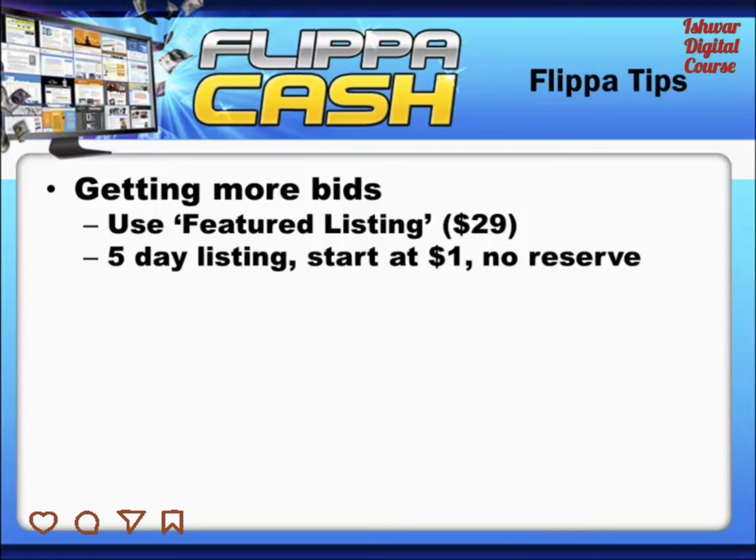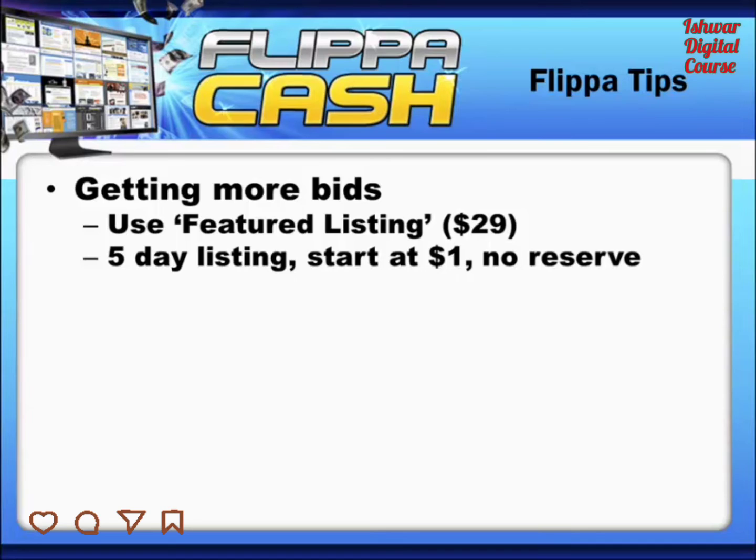Now I'm going to tell you something that is somewhat of a sneaky tactic, okay? If you're new to Flippa, when you create your auction and people bid on it, those bids actually have to be approved by you, initially when they first are made. Once you approve it, then, yes, it's a binding bid and it goes public.